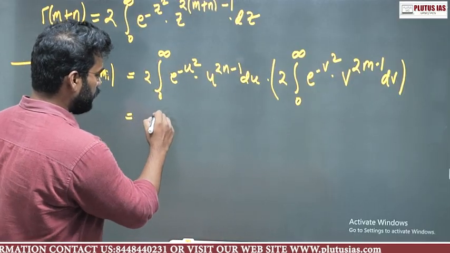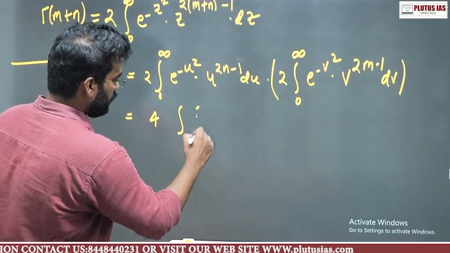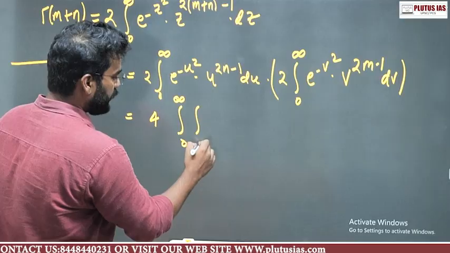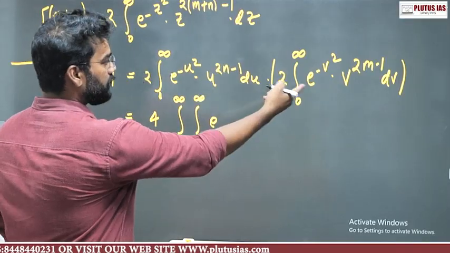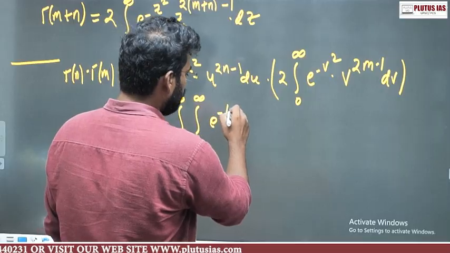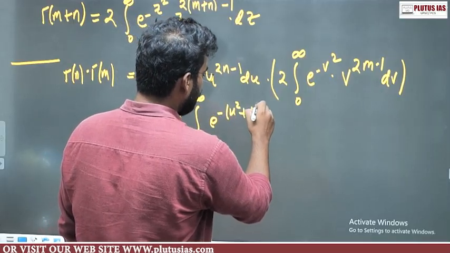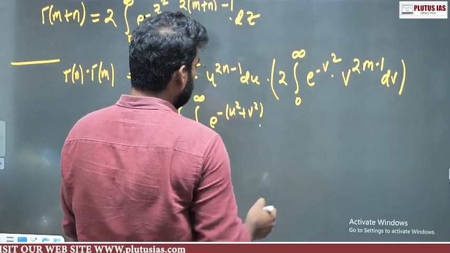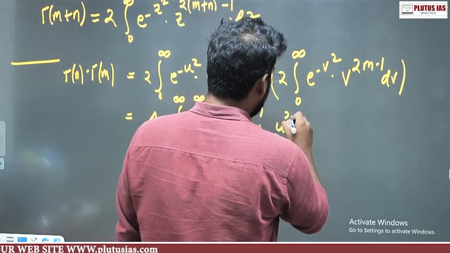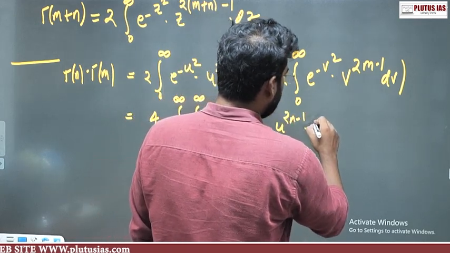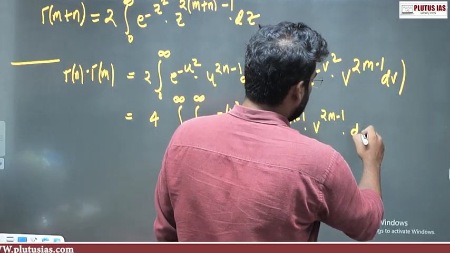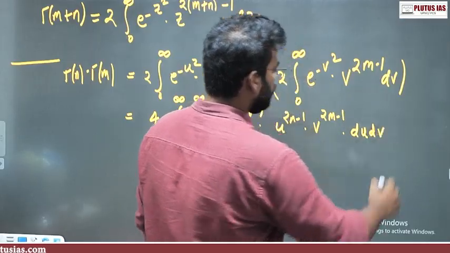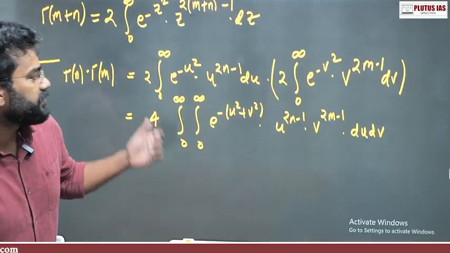So it will be 0 to infinity and 0 to infinity. Exponential powers will add, so u square plus v square, into u to the power 2n minus 1 and v to the power 2m minus 1 du dv. This will be the product.